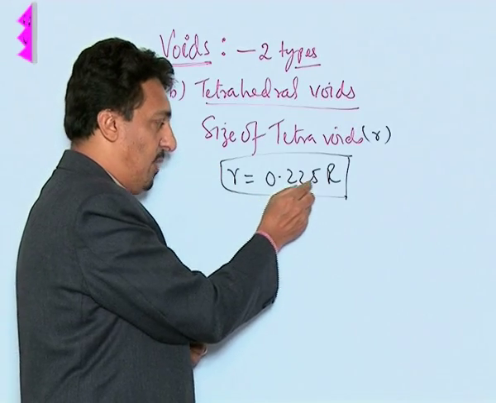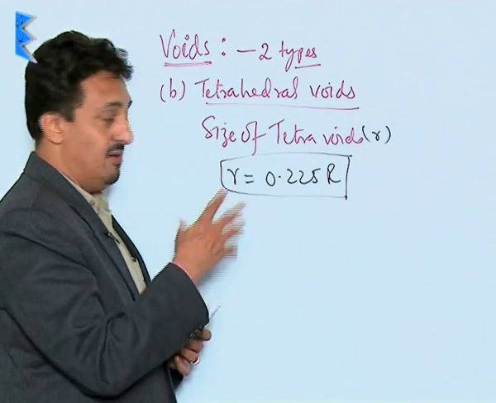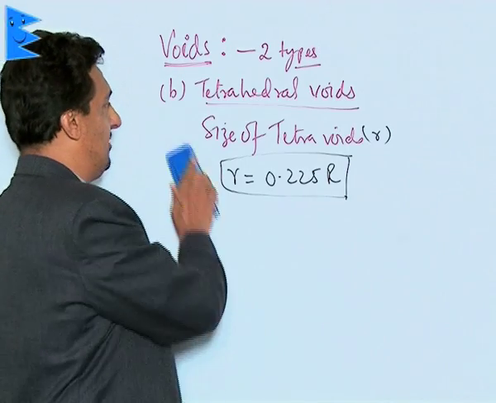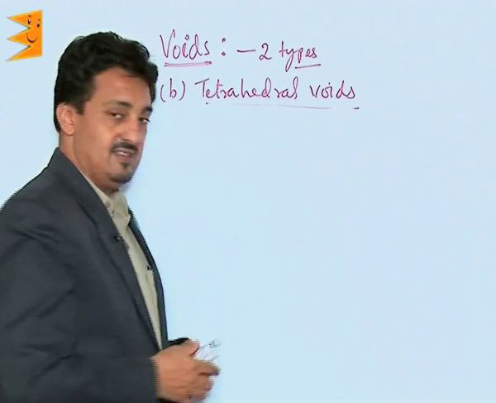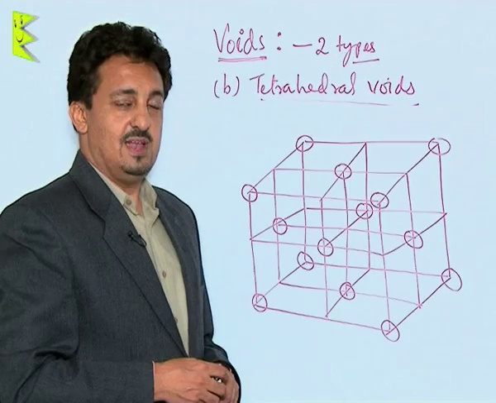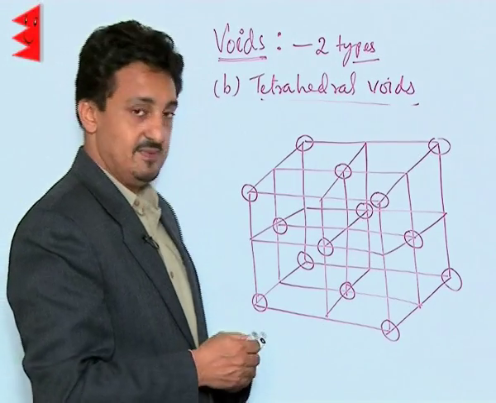So it is 0.225 times of the capital R. And let us see now from the diagram of the FCC unit cell how they can be shown. Let us see now the location of the tetrahedral voids in an FCC unit cell.